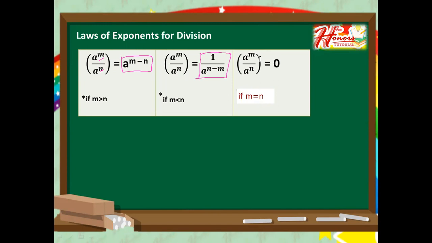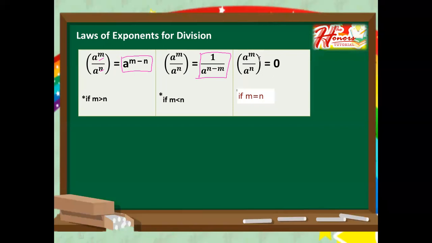There are times that the exponent of the numerator and denominator is the same. So therefore, if that is the case, automatically your answer will become 0. Because we have to subtract, right? And then, for example, 1 minus 1, that's 0. So it is 0.